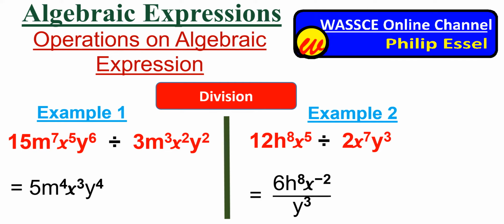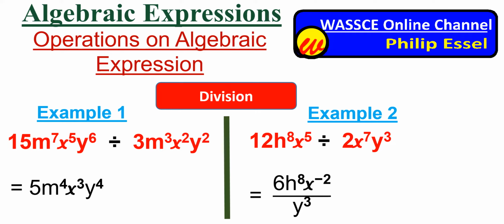Then again, there isn't y on the left side. So what it means is that we would have to divide whatever you have there by y exponent 3. Now if we want to write the whole expression again, but with the x exponent being positive, all we need to do is bring the x to the denominator side.